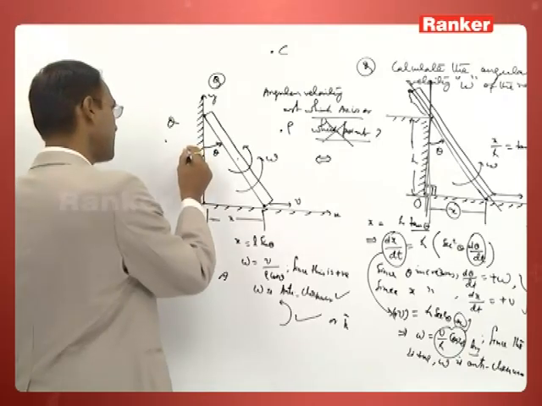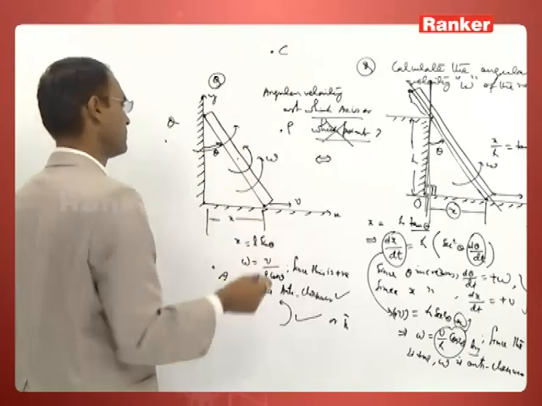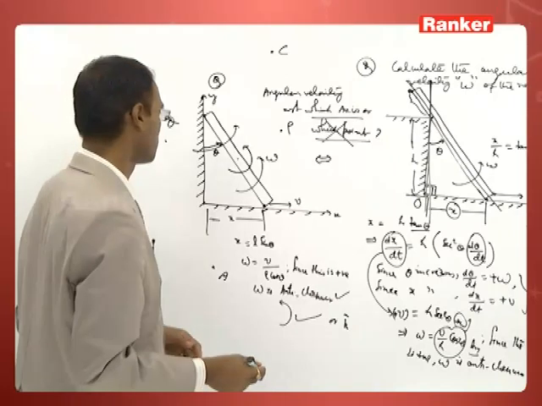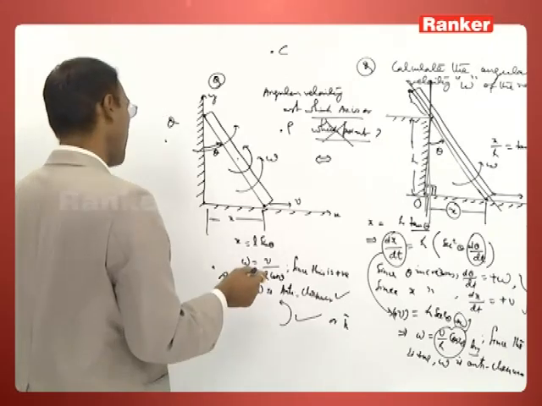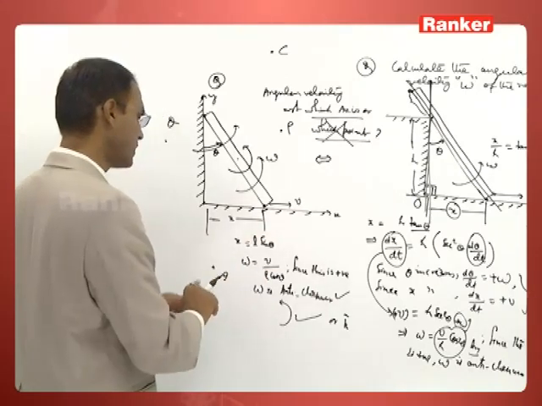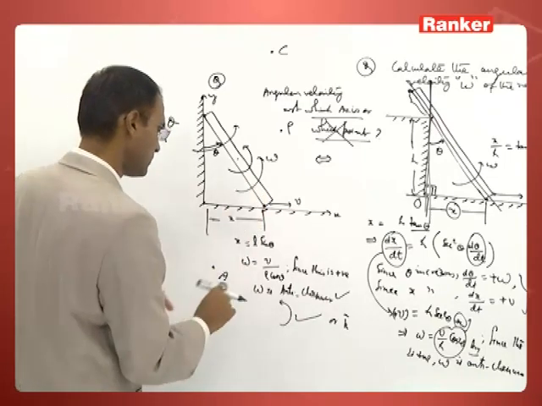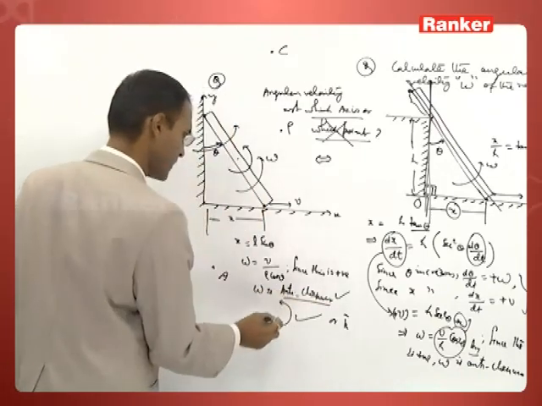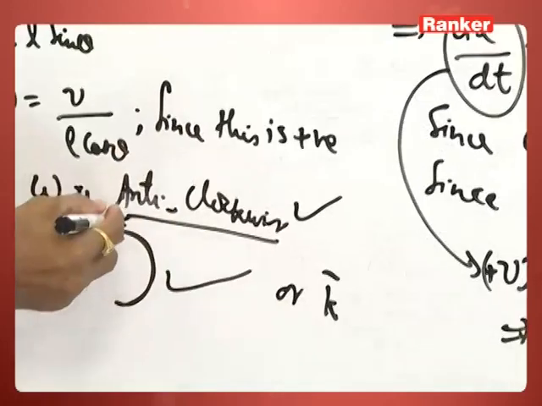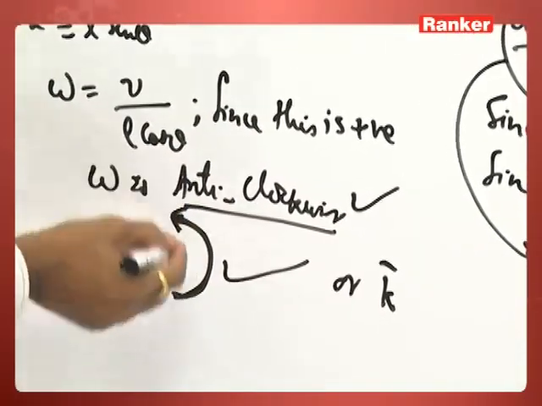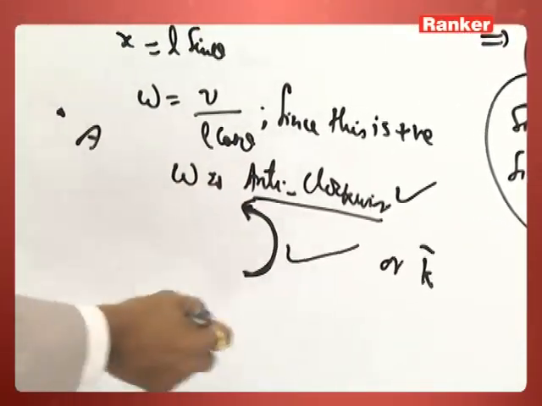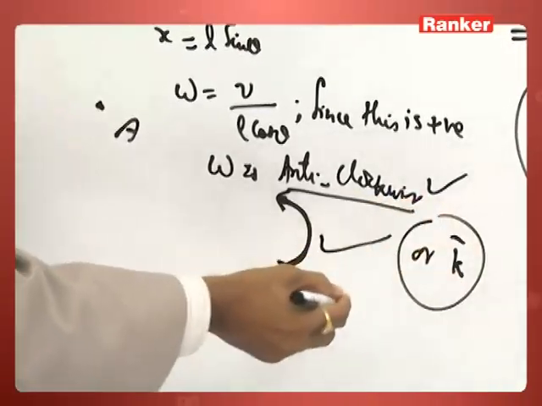The angle changes in this direction. Therefore, angular velocity is anticlockwise, or symbolically you can write a curved arrow which gives the anticlockwise sense, or you can write plus k cap.